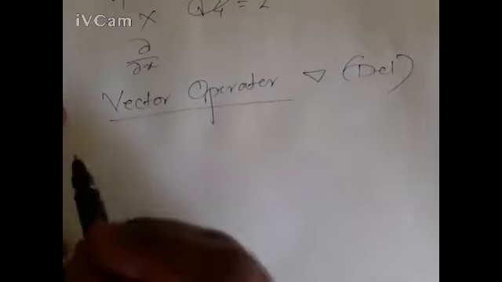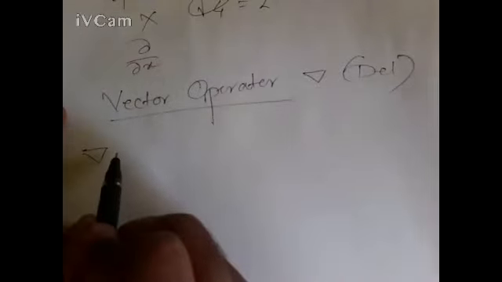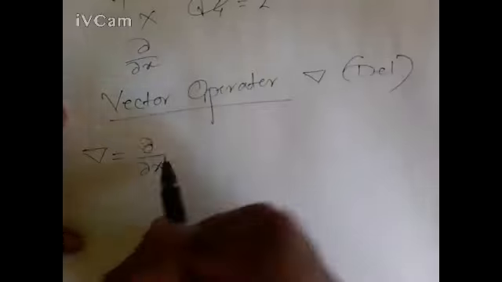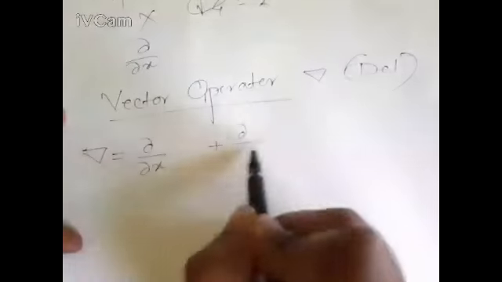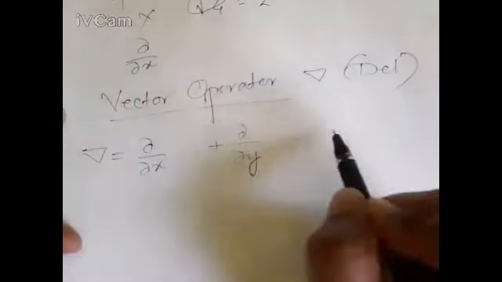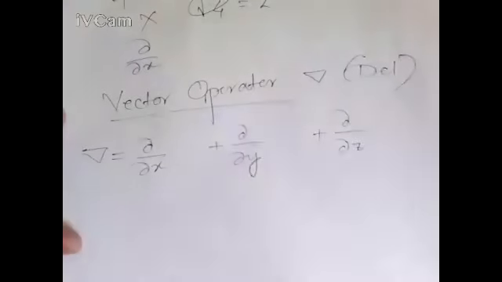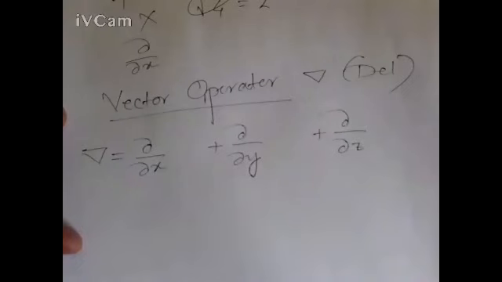It is defined as del is equal to del by del x plus del by del y plus del by del z. These are the partial derivatives along the three axes.